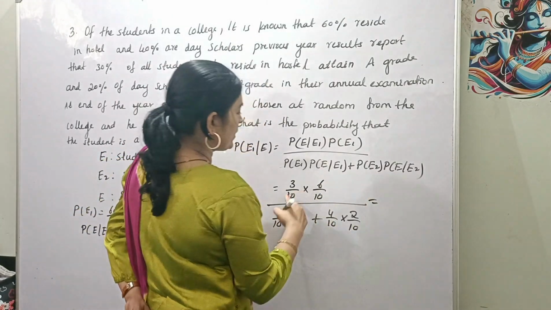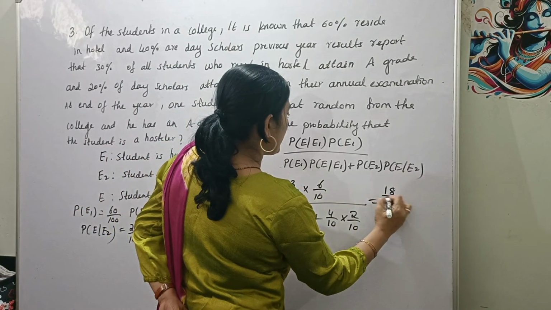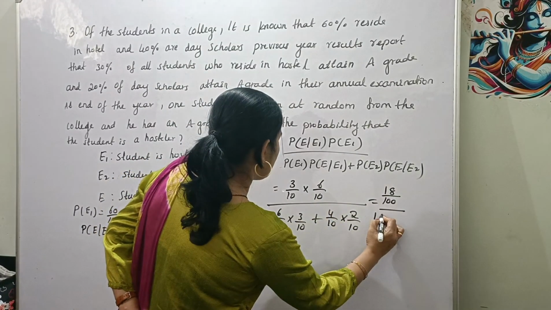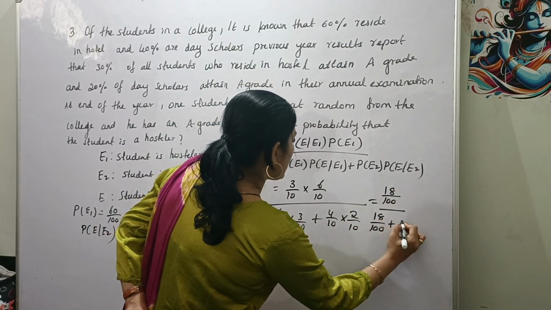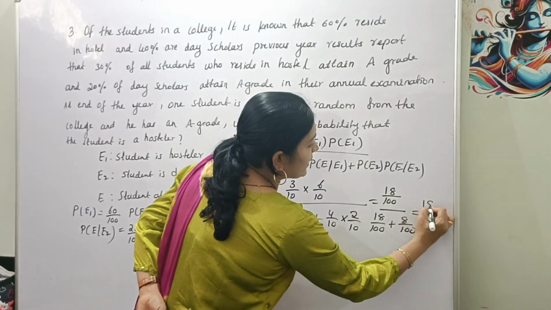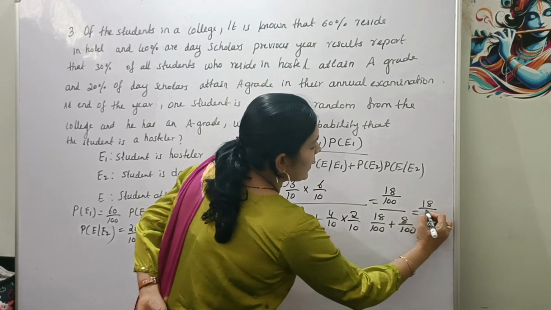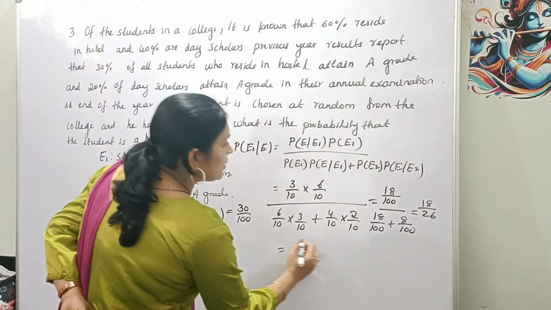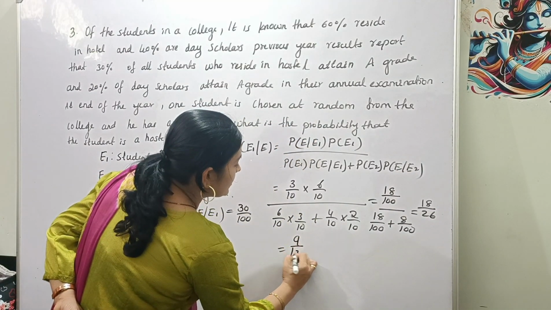That is equal to 18 divided by 100, divided by 18 by 100 plus 8 by 100. So 100 cancelled. So 18 divided by 18 plus 8, 26, that is equal to 9 divided by 13.